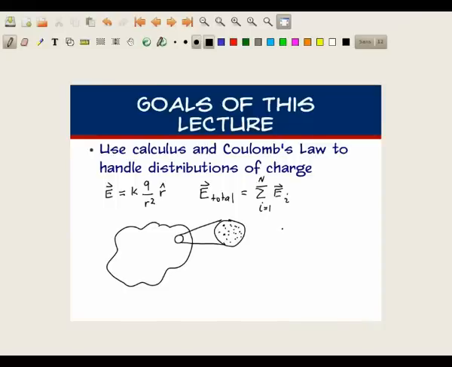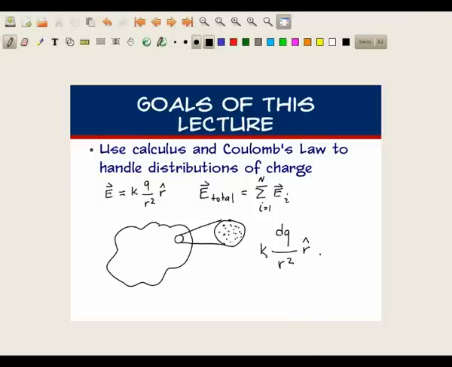Let's imagine, in the language of calculus, that each point charge has a magnitude dq. Okay, so this is a differential of charge, a tiny, tiny, infinitesimal little piece of charge, our point charge. What would the electric field from that infinitesimal point charge look like? Well, we have the framework for that. We just have Coulomb's law. We have our constant. We have the distance from that charge that we're standing when we're measuring the field.